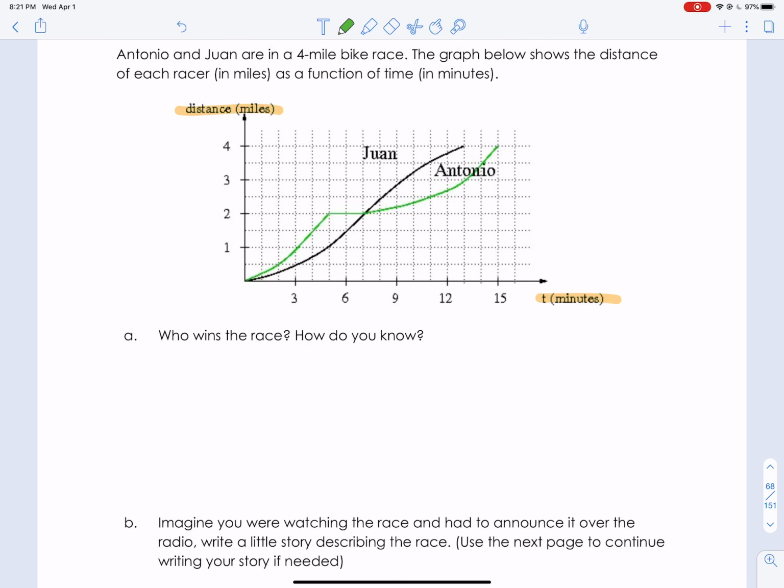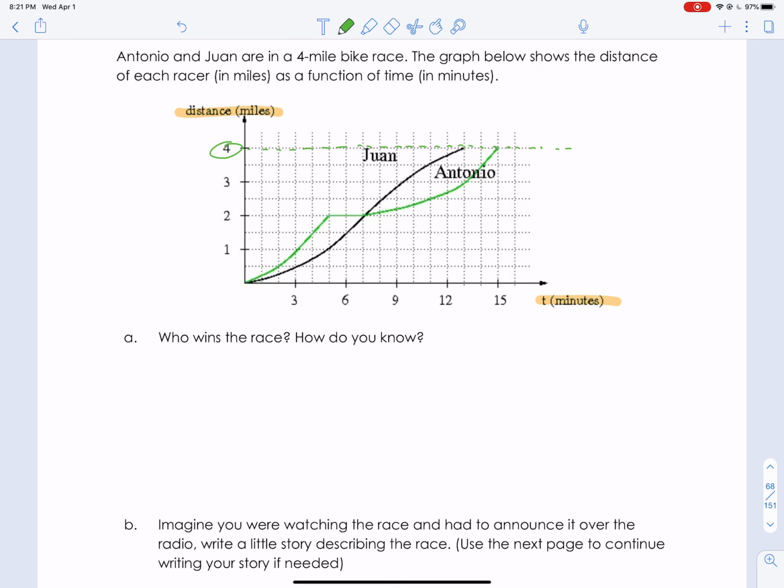So 4 miles is here. Okay, so that's where we end the race. So this point, where each of those curves stop, will tell us the time that each of them took to finish that 4 miles. Okay, so there's that.